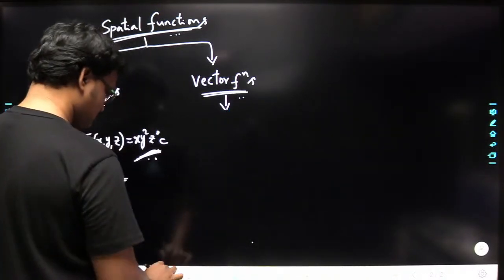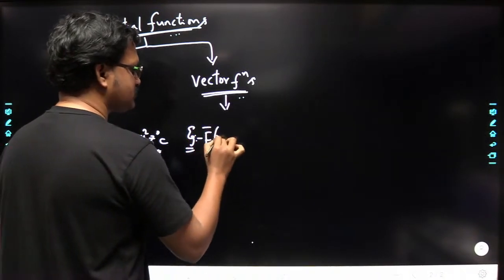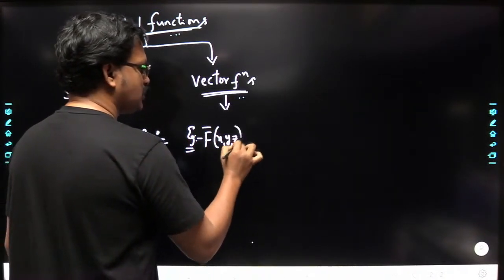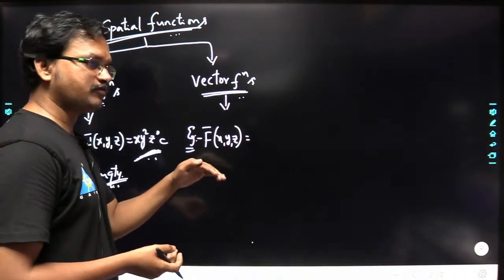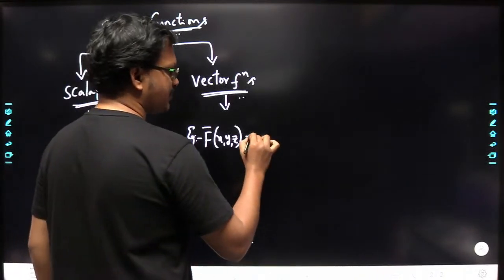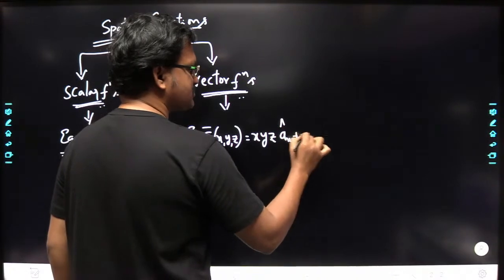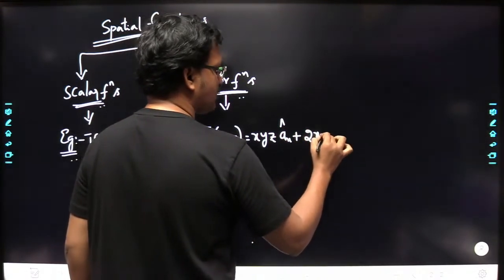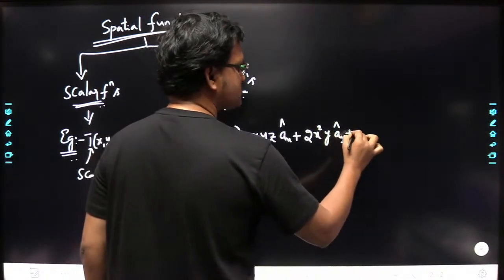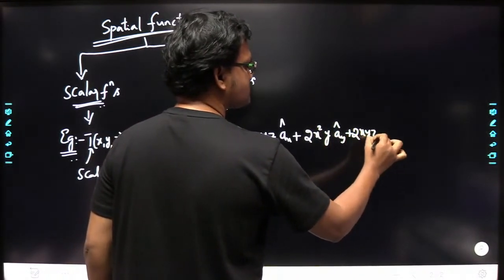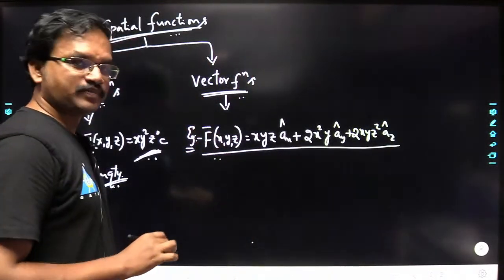In general, how will this vector function look like? I can represent this as xyz ax cap plus 2x square y ay cap plus 2xy z square az cap, something like this.